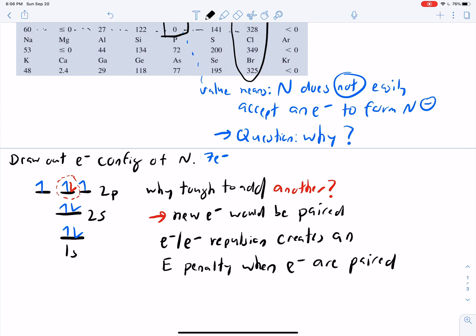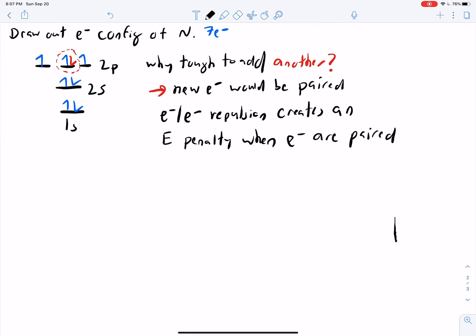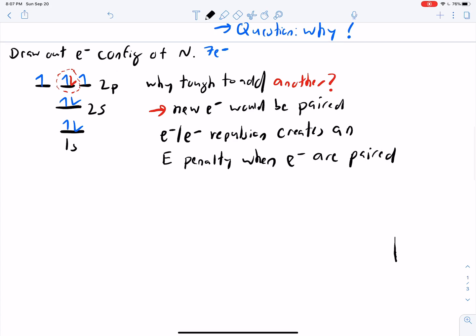That electron repulsion creates an energy penalty when electrons are paired. That is the key here: adding that additional electron, that red electron, is actually pretty tough, or not particularly favorable, because that new electron would be paired, and there's a pairing energy penalty. And so I will leave it there.